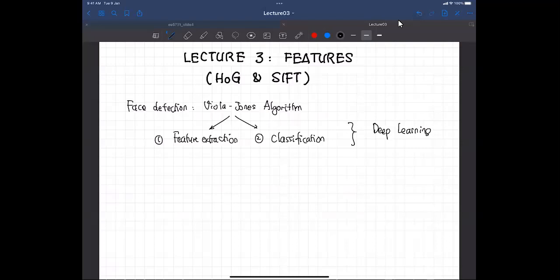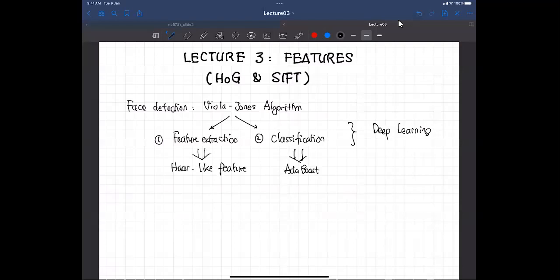And in the Viola-Jones algorithm, what is the feature extraction that we used? What are the techniques that we use? It's called Haar-like features. Classification here is AdaBoost. Now, why does this work? Why does Viola-Jones work?